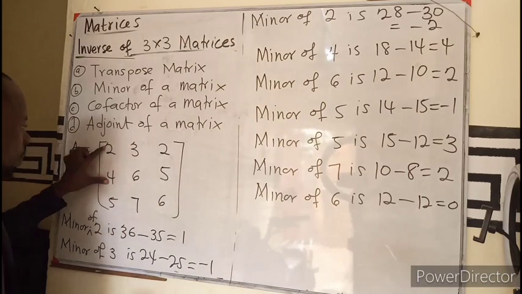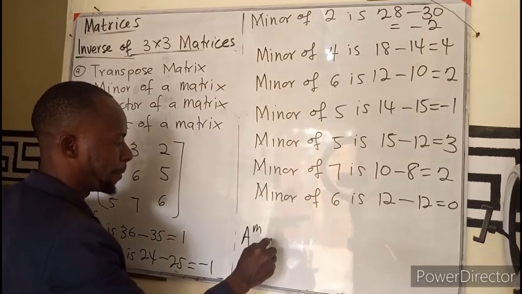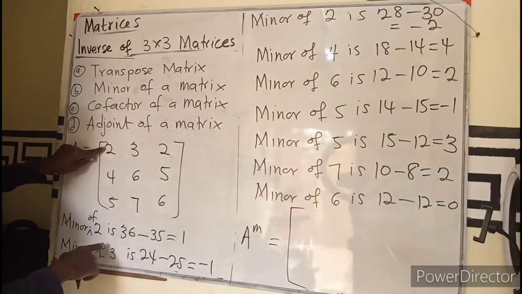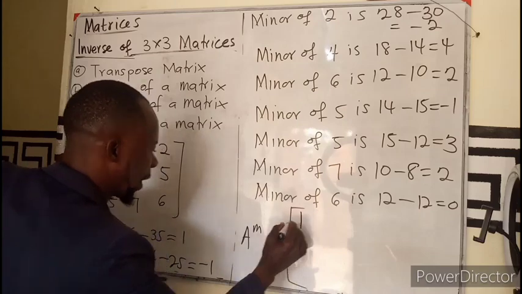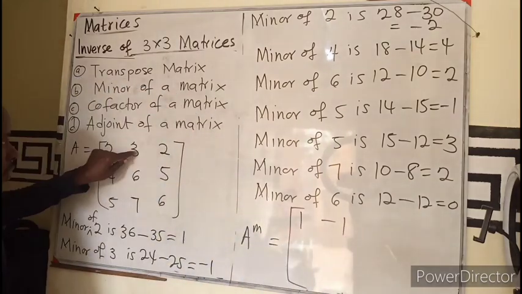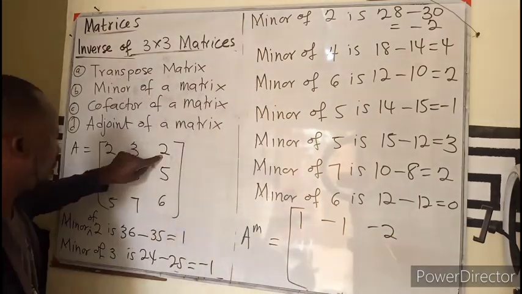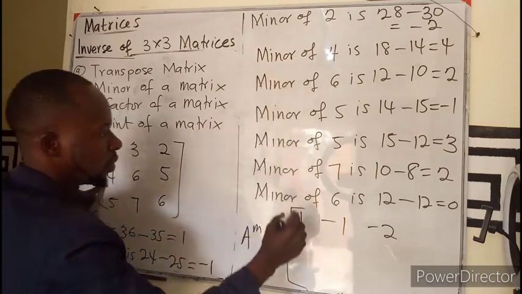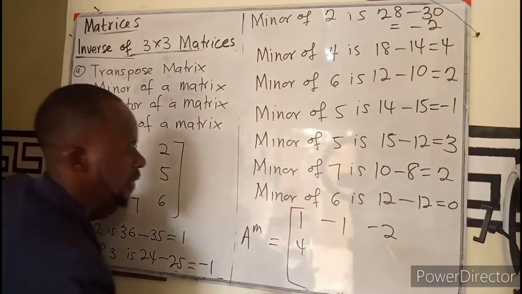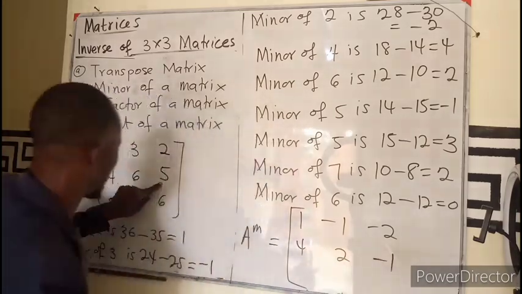0. So the minor, which is indicated A exponent m, is going to be, what is a minor of 2? Minor of 2 is what? 1. Minor of 3 minus 1 of 2 minus 2, I'll come down to 4. 4 is what? 4. 6 is 2. 5 minus 1.